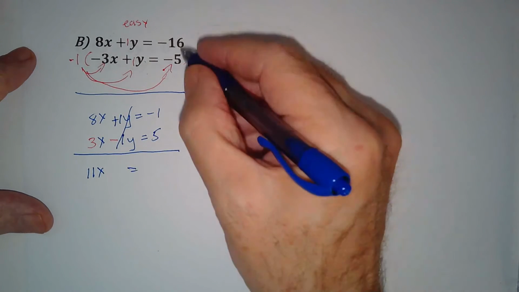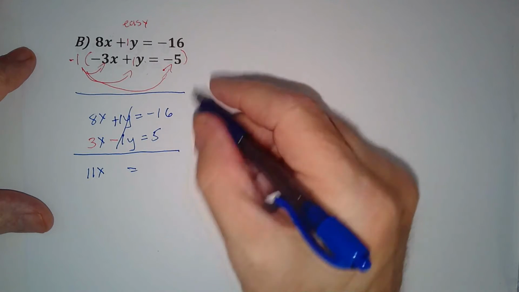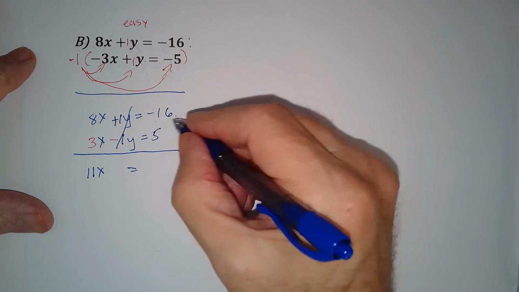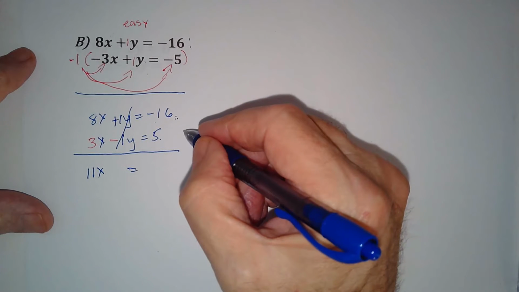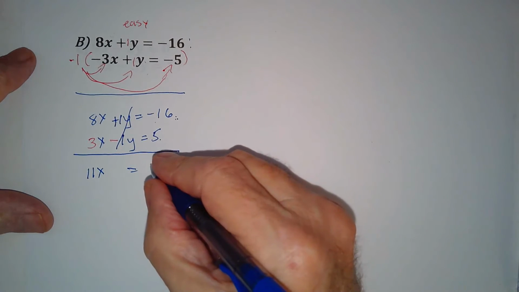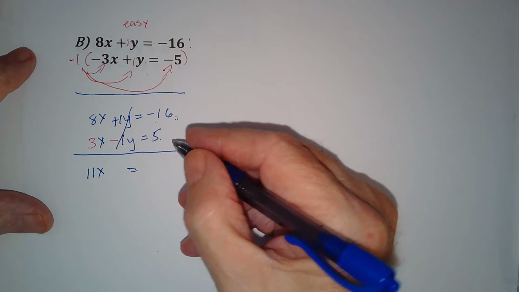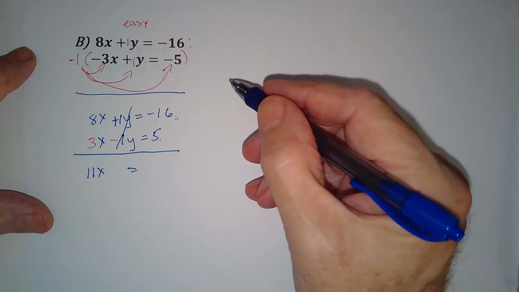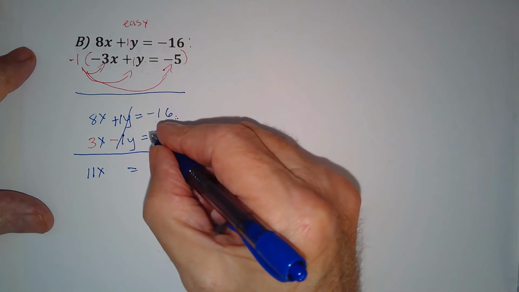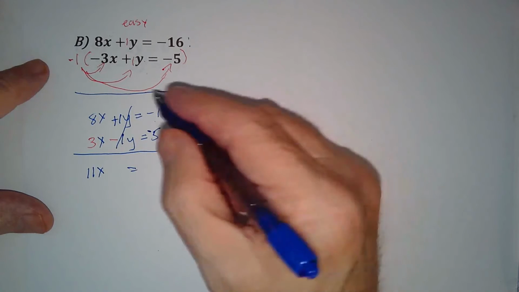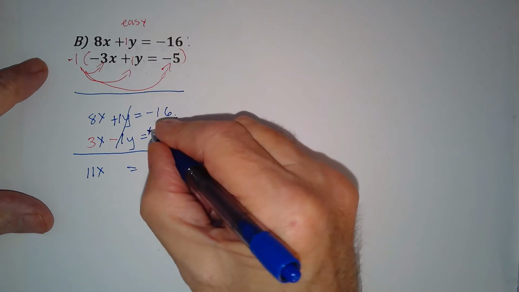And let's see. Oh, this was negative 16 up here. Make sure we got these correct. So now I have negative 16 and positive 5. That comes out to, let's see here, oh, that's positive 5. I'm sorry. Positive 5.